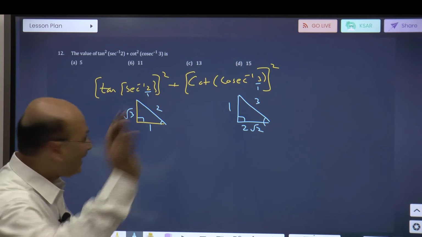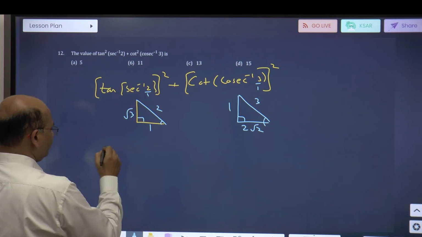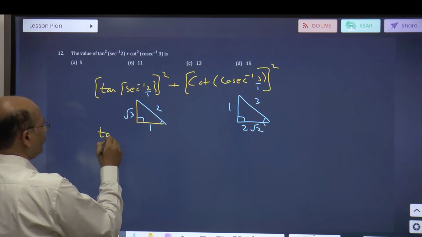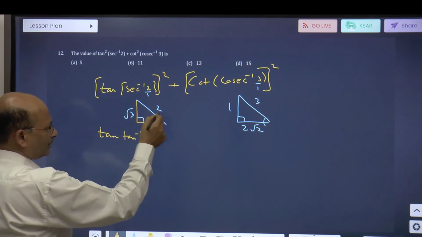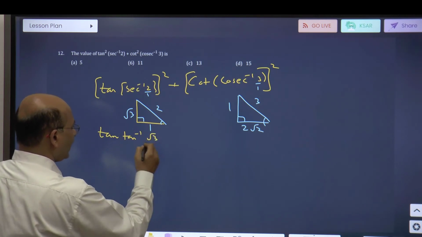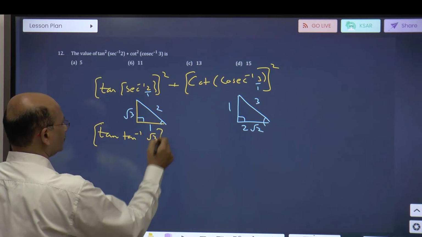Let us see what happens, it will be fun. Now look at this. This will be tan of, I will convert this into tan inverse. Now look at the right angle triangle. Tan inverse is opposite upon adjacent. So root 3 upon 1. So this is whole square.